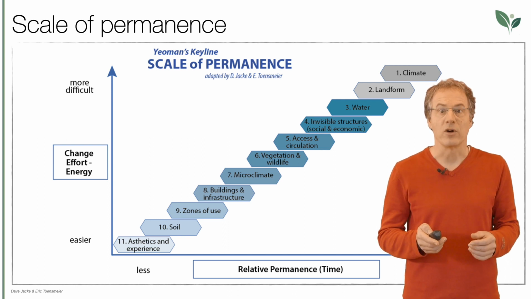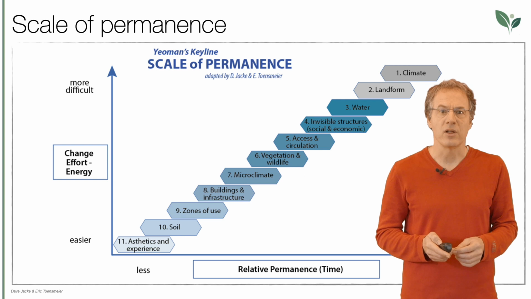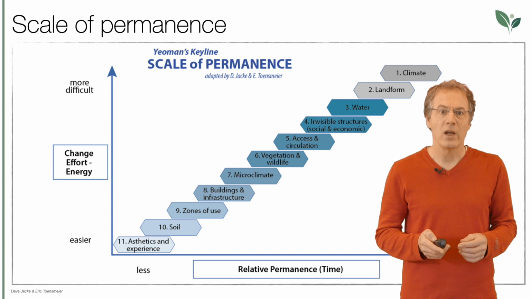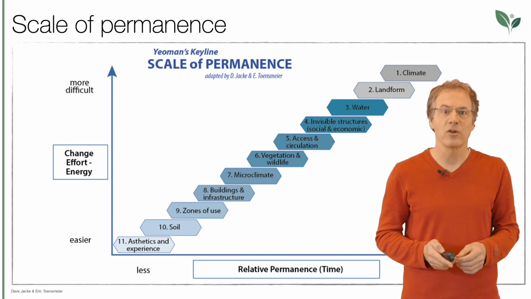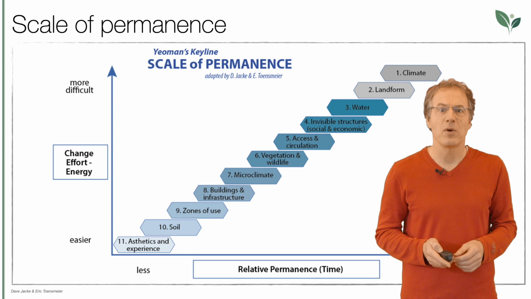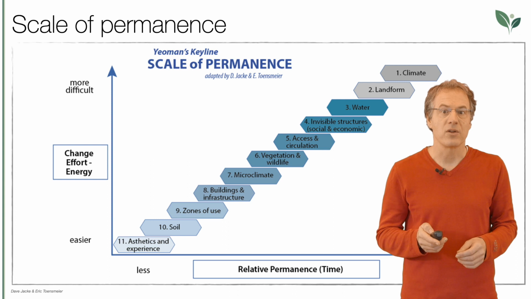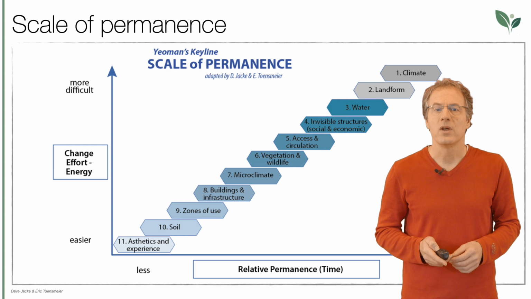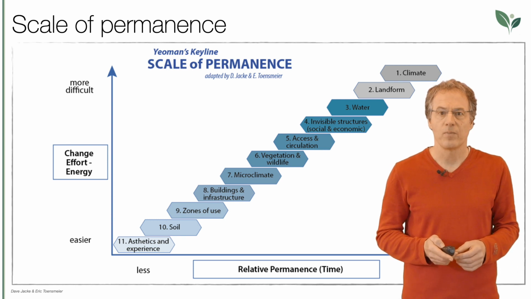Number 10, or soil, is far down on the list, which implies that it is relatively easy to change. While it is true that largely the structure and parent material of the soil are certainly permanent and nearly impossible to change, having in some cases formed over thousands of years, as farmers we know that one of the quickest items we can affect is the health and the vitality of our topsoil, or the top 10 to 30 centimeters.